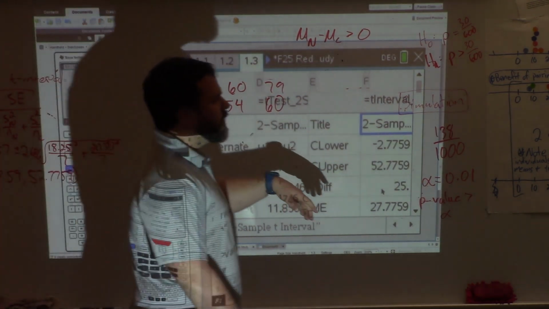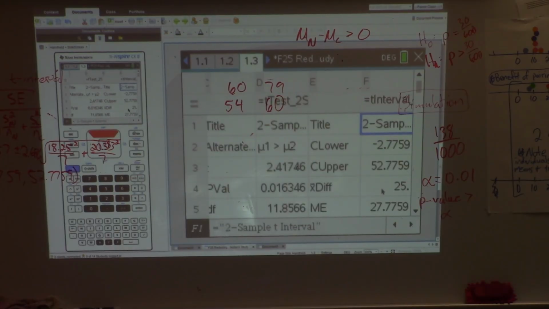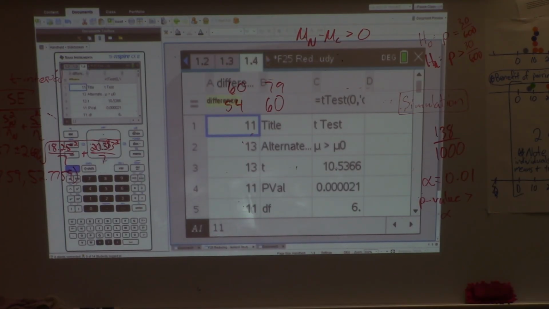Now, that was when we had 2 different samples and we did a 2-sample test. Remember, we did this a second time, where we did a matched pairs design, where we paired our data up.